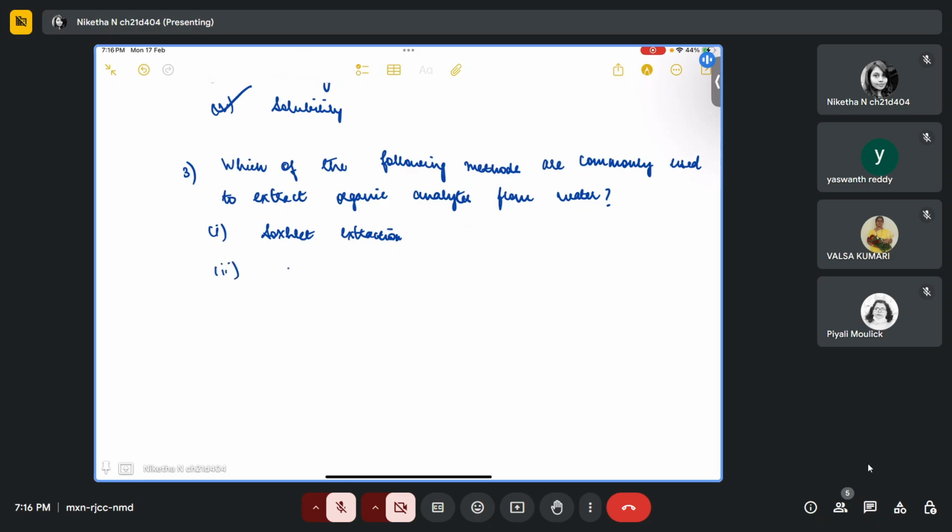The second option is solid phase extraction. The third option is liquid extraction.